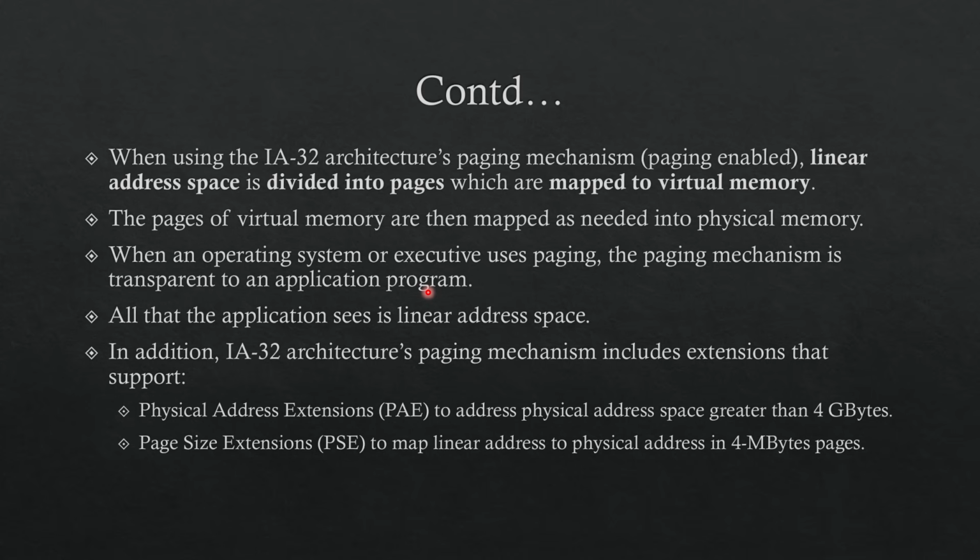In addition to the IA-32 architecture's paging mechanism, it supports physical address extensions in order to address physical address space greater than 4 gigabytes. It also has page size extension in order to map linear addresses into physical addresses in 4 megabyte pages.